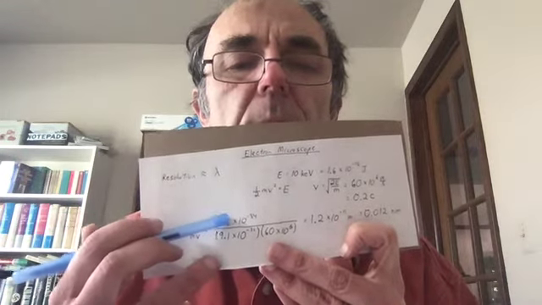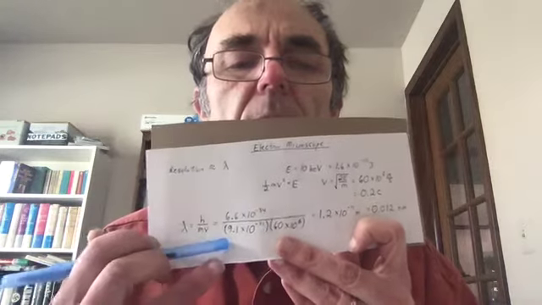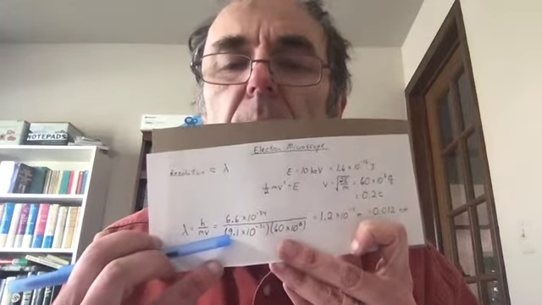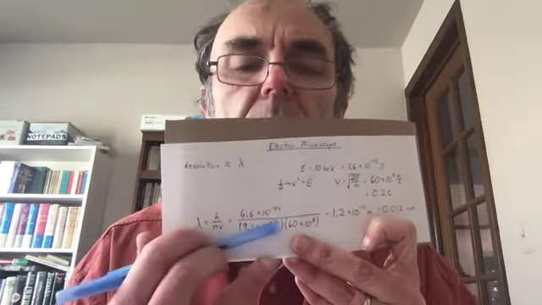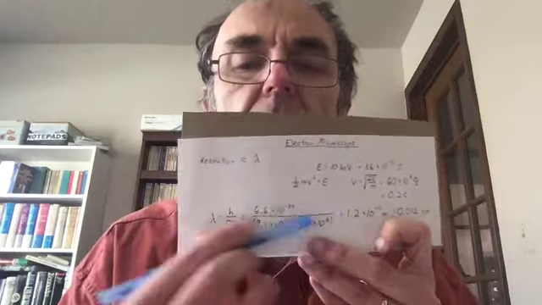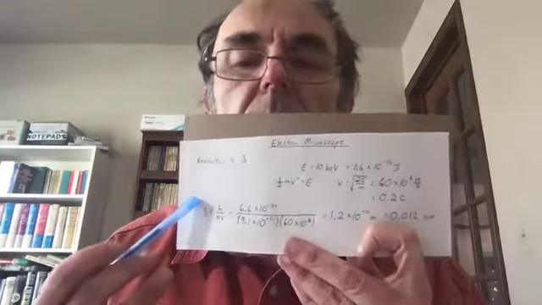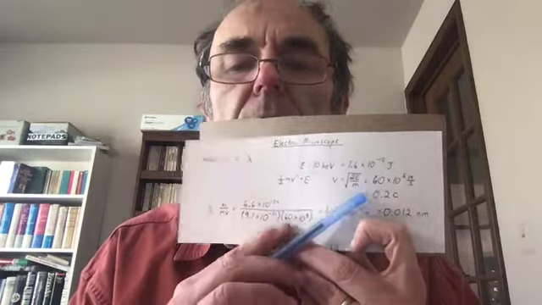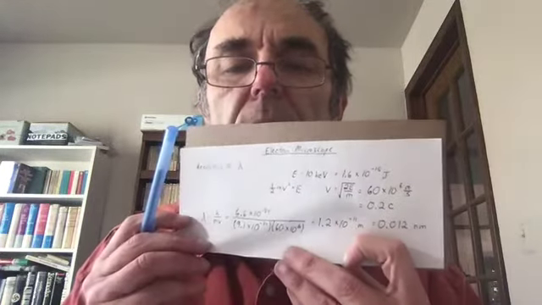Planck's constant is 6.6 times 10 to the minus 34. The mass of the electron is very small, even by elementary particle standards, 9.1 times 10 to the minus 31. And the speed we just calculated is 60 times 10 to the 6. What you get is 1.2 times 10 to the minus 11 meters, or 0.012 nanometers.